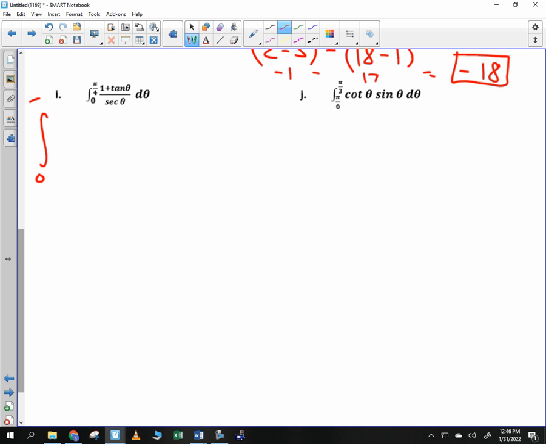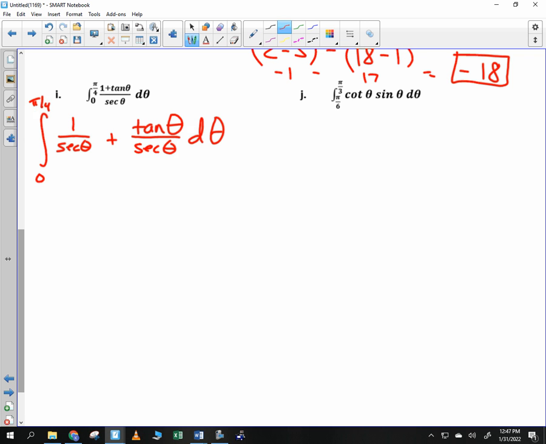Integral from 0 to pi over 4. And I'm going to write it as 1 over secant plus tangent over secant. Secant is the reciprocal of cosine.